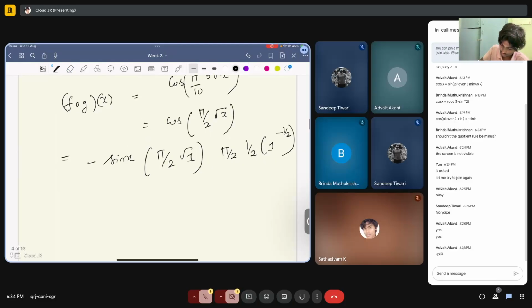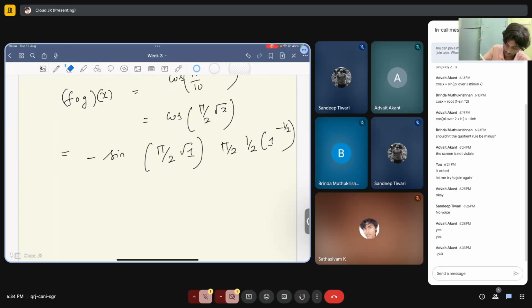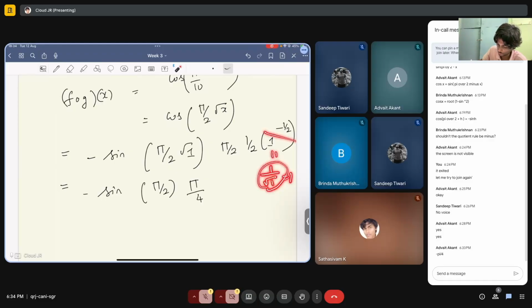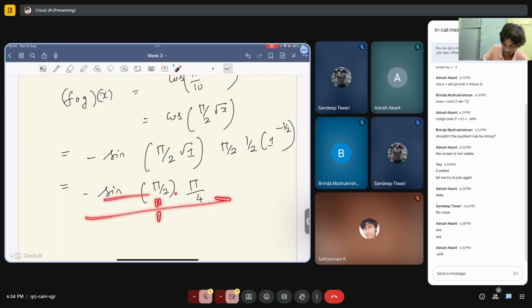Sorry, this is not sin x, this is minus sin of pi by 2. And you have pi by 4, and 1 power minus 1 by 2 is 1 by square root of 1, which is nothing but 1, so you can ignore that. And sin pi by 2 is 1. So what you get is minus pi by 4.